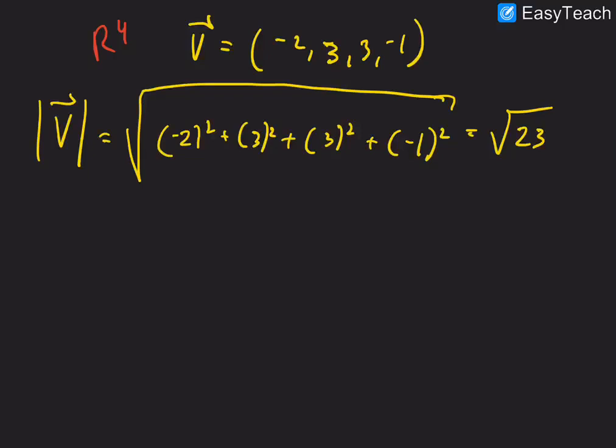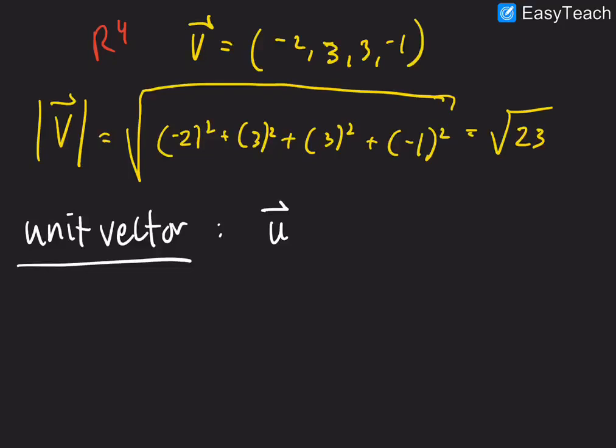But now there's something else that you might want to learn, and it's called the unit vector. So the unit vector looks like this. And the unit vector is equal to 1 over the magnitude of your vector times the vector.